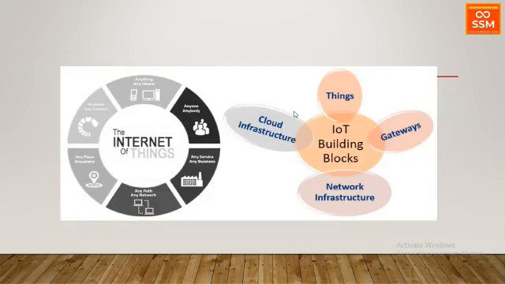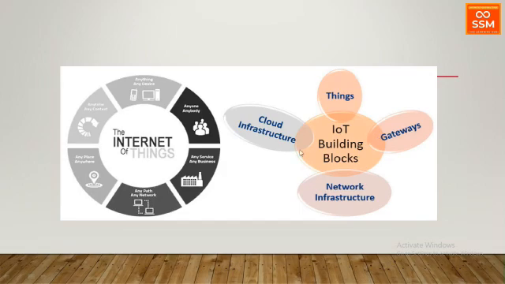Next, we can see a diagram. Here you can see a device can communicate to any other device. A person can communicate through a device to any device in a network: anywhere, any place, any path, any network, any service, any business.